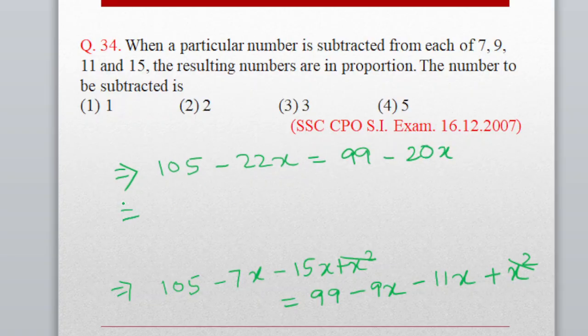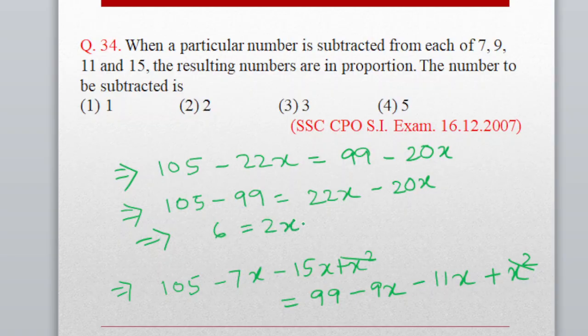So this implies 105 minus 99 is equal to 22x minus 20x. So this implies 6 is equal to 2x.